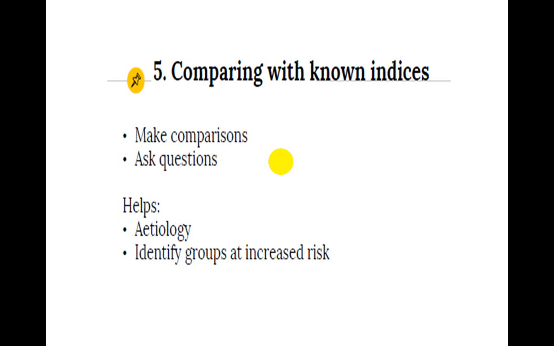Comparison with known indices: the essence of epidemiology is to make comparisons and ask questions. By making comparisons between different populations and subgroups of the same population, it is possible to arrive at clues to disease etiology. We can also identify or define groups which are at increased risk of certain diseases.